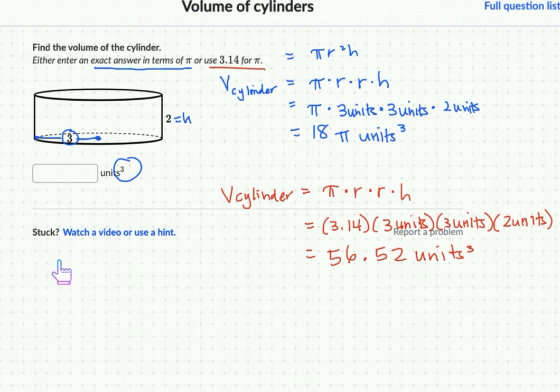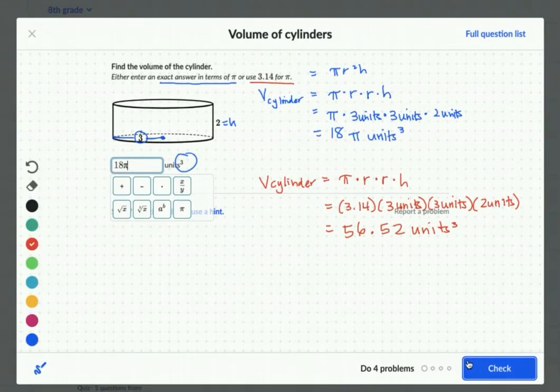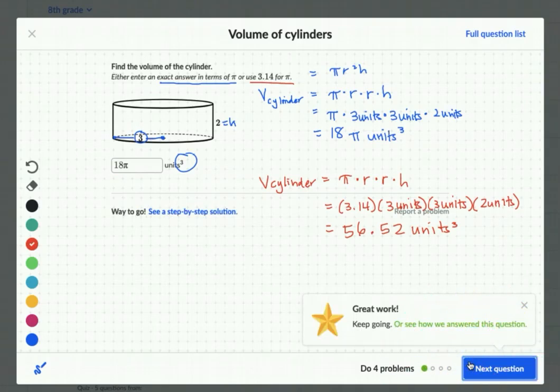I could put either one of these answers in, and Khan Academy will accept it. So I'm going to put in 18 pi, and they gave me a pi symbol, and that should totally work. Okay, so that's all they mean by exact answer or 3.14. Blue is exact, and the 3.14 is in red. We'll do one last one.